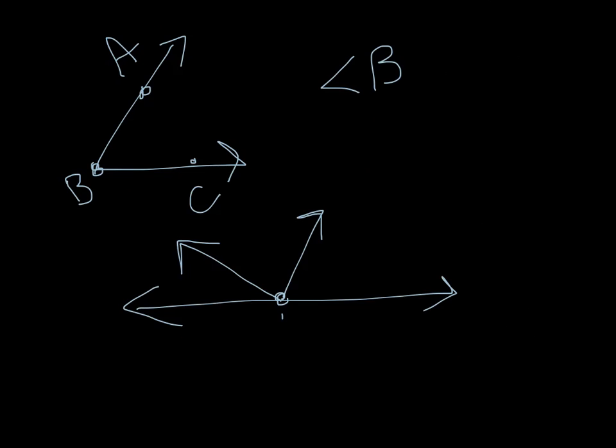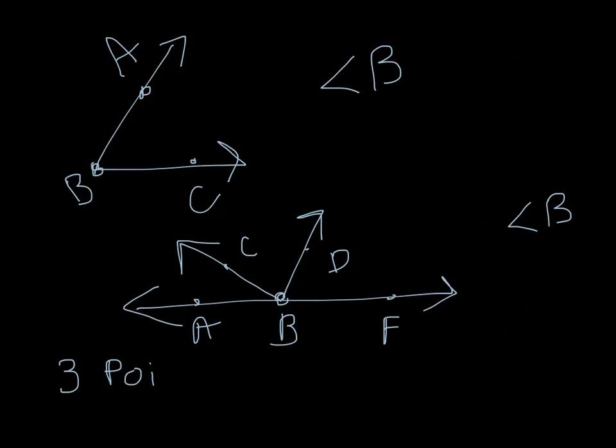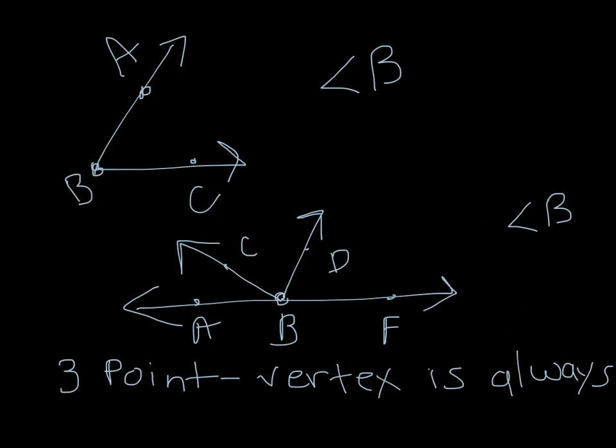Let's say this is still B, and I've got A, C, D, and F. Now, if I said angle B, which angle am I talking about? Am I talking about the straight angle? There are so many different angles I could refer to. So I have to name them by 3 points, and the vertex is always in the middle. It's always the middle point I name.